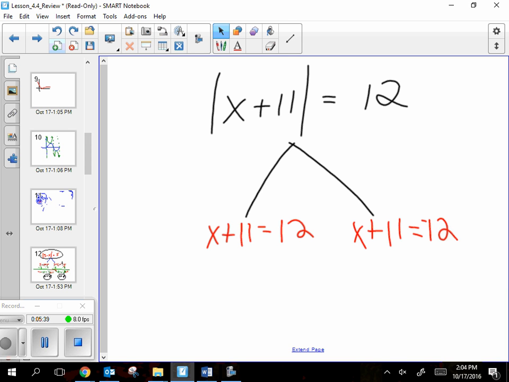Close. 12 and 11 makes 23. Other than that, yes. Good start. Just subtracting 11 from both sides. The left's this one. 12 minus 11 is as easy as it looks. And this one is negative 12 and negative 11. A whole bunch of guys in the negative team.